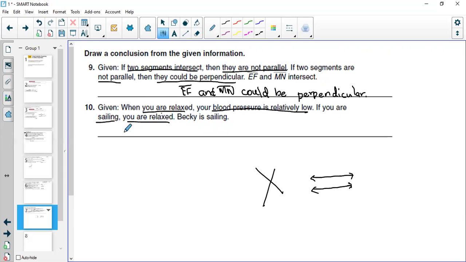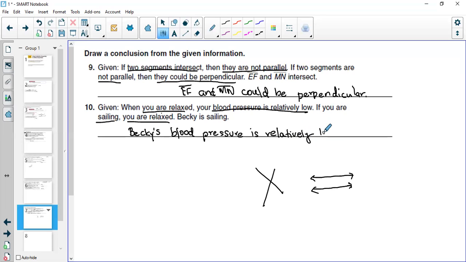Becky's blood pressure is relatively low, because she's sailing, and because of sailing you are relaxed, and because of relaxing, her blood pressure will be relatively low.